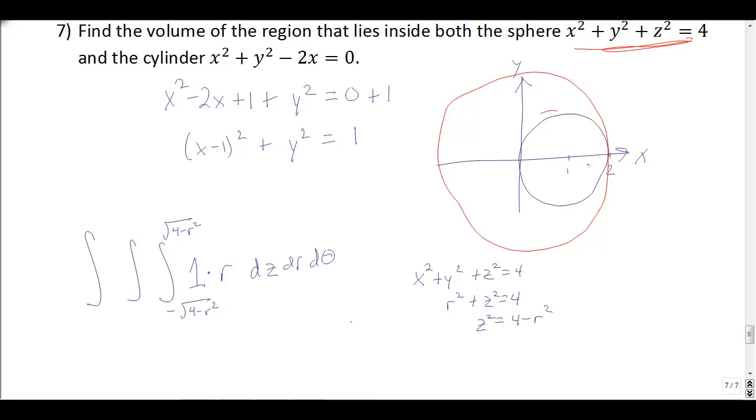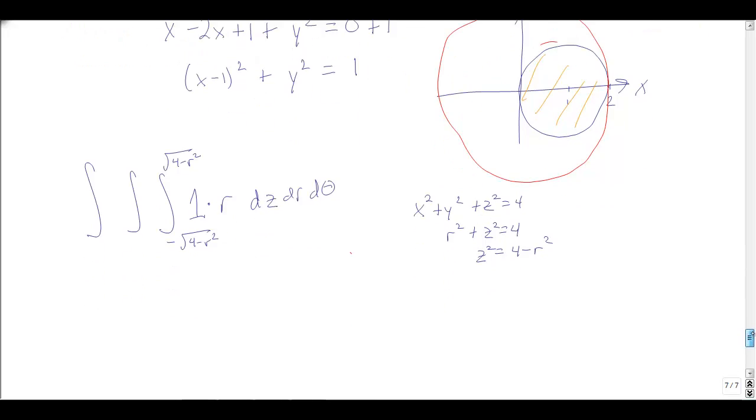And then my r and theta bounds just need to describe this circle here. I'm not quite sure what that is just looking at it, or maybe you're not. What you can do is use the equation x squared plus y squared minus 2x equals 0.